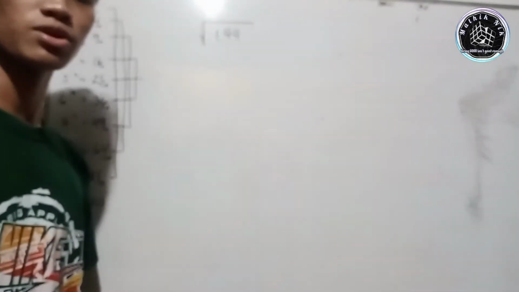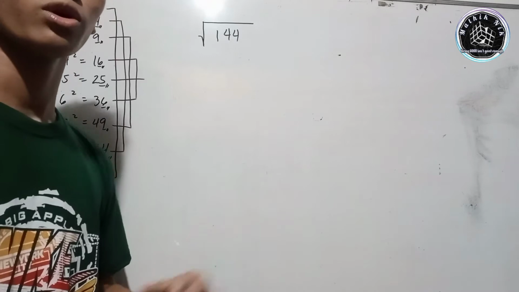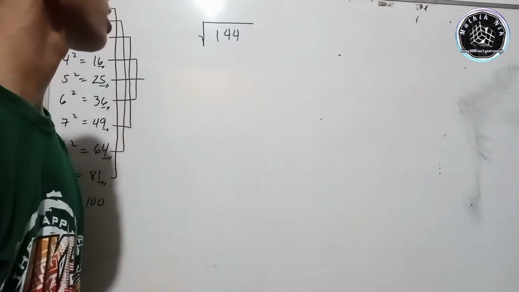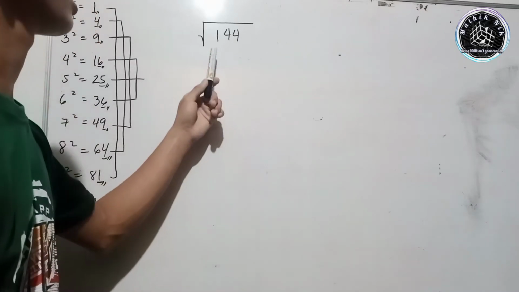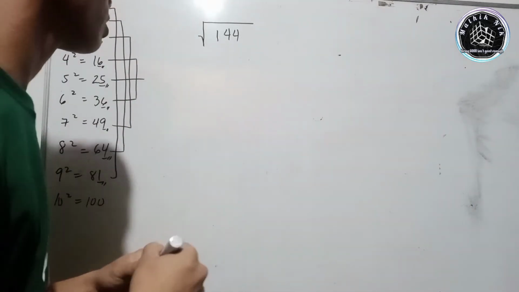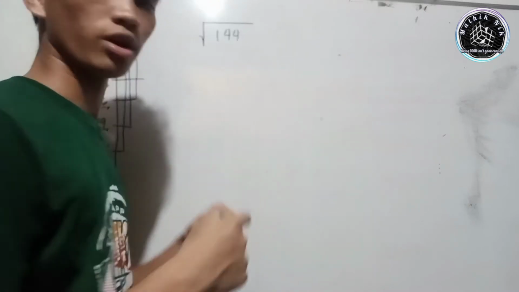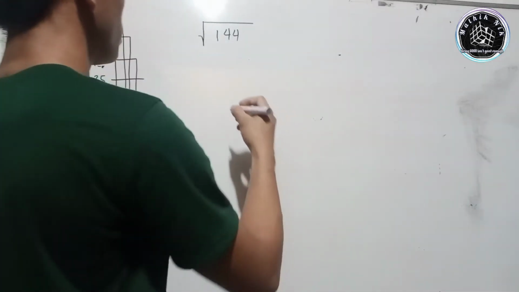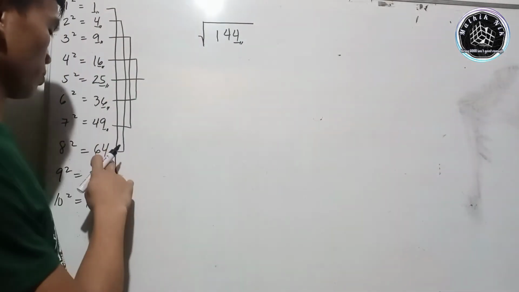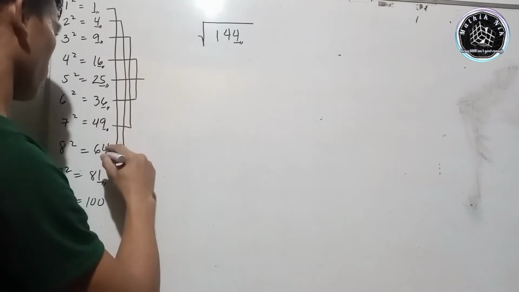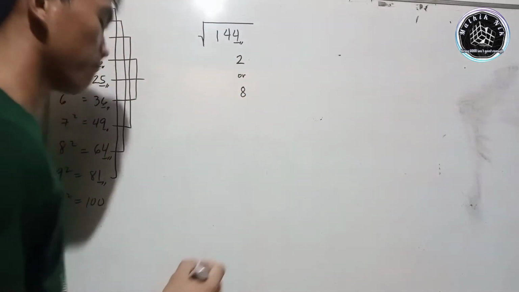Also, one of the disadvantages of this approach is that you can only solve the square root of a four digit number. So first, the last digit is 4. There are two values for 4, that is 2 and 8. It's either 2 or 8.